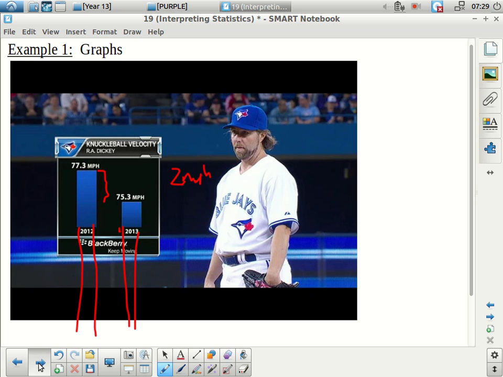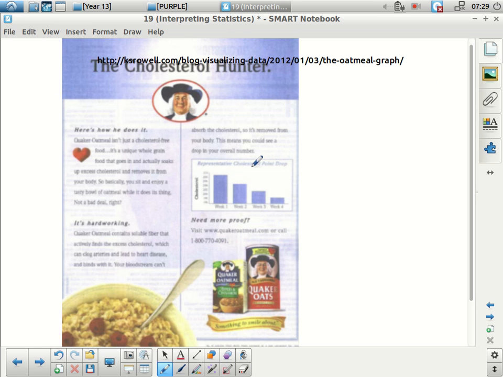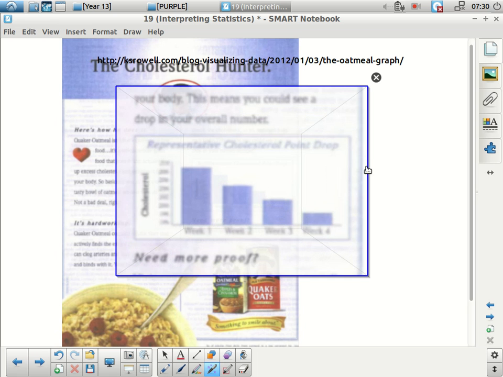A similar example of that, and I actually got in a little bit of trouble for this. You can't see, it's not super clear here, but I'll see if I can zoom that in. This is the bar graph on the back of a package of Quaker oatmeal from, I think, the late 80s.